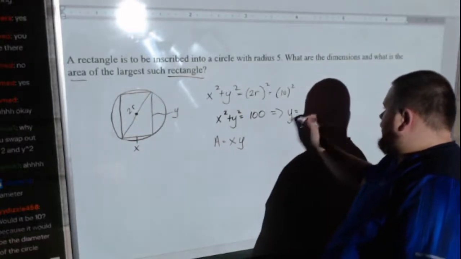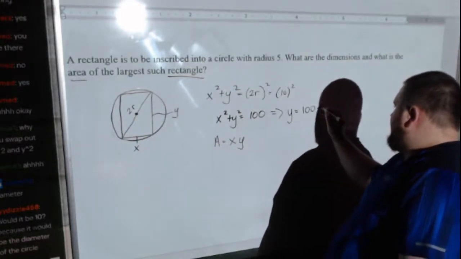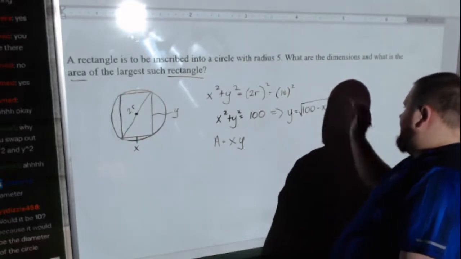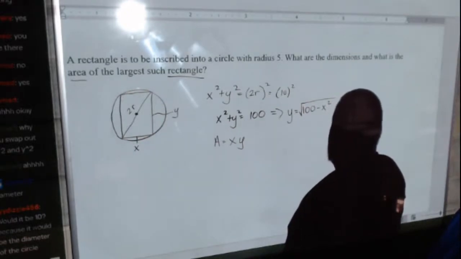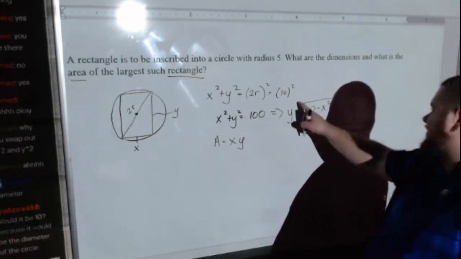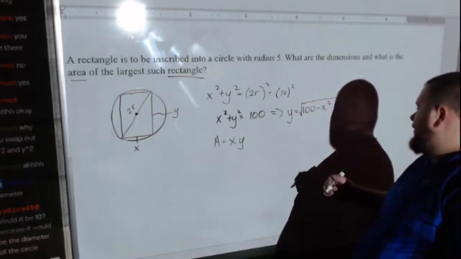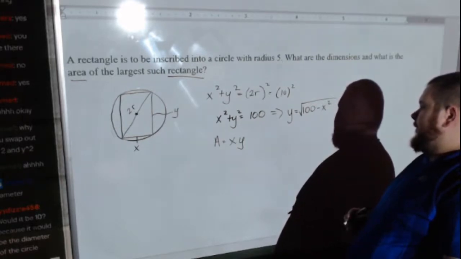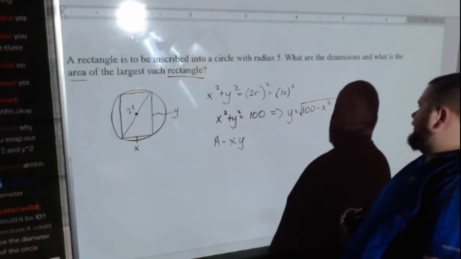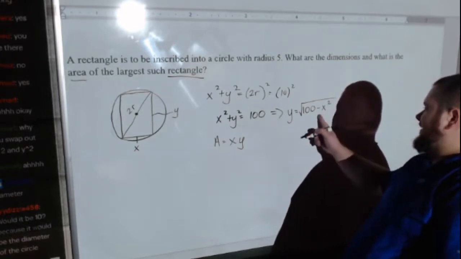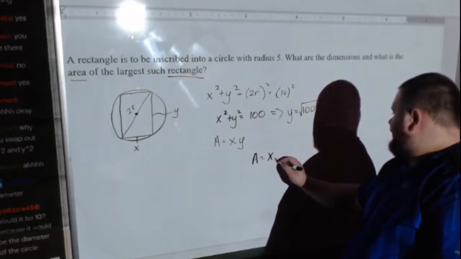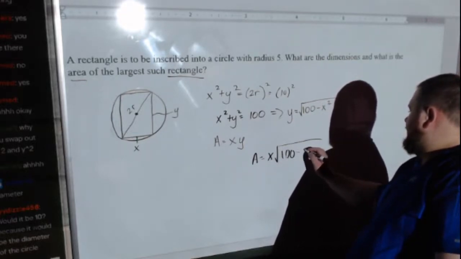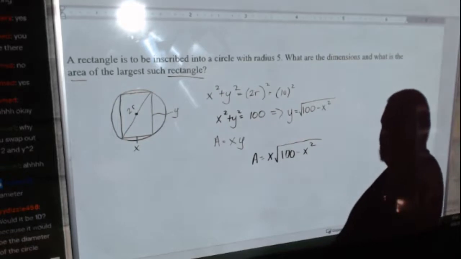Let's do y, I guess. So y equals the square root of 100 minus x squared. And of course you would get plus and minus here, but I need y to be a positive value, so I have to use the positive portion. And I'm going to take this, plug it in here for y. So I have that.